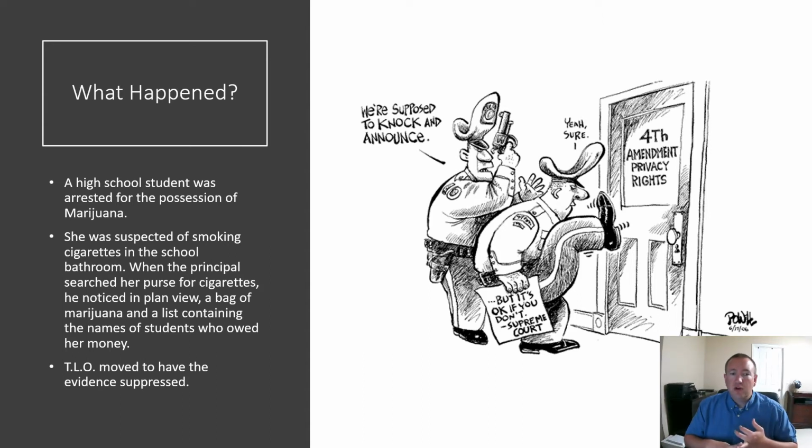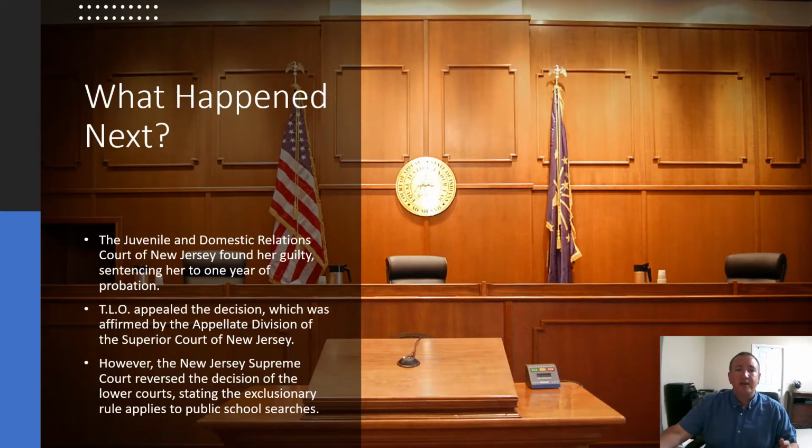She was charged with possession of an illegal substance, while T.L.O. moved to have the evidence suppressed. The claim is that the evidence should be suppressed because there wasn't probable cause for the search of her purse. What happened next is it went to the Juvenile and Domestic Relations Court of New Jersey.